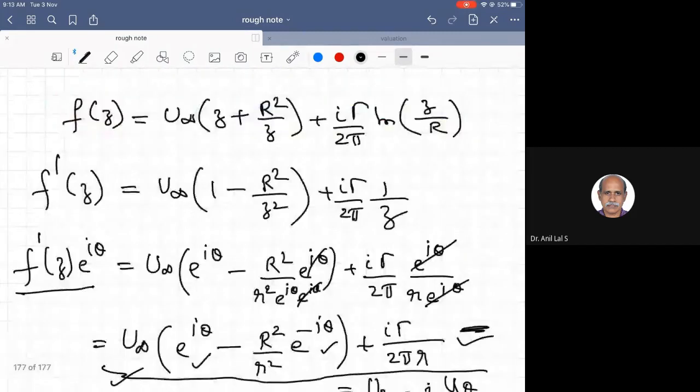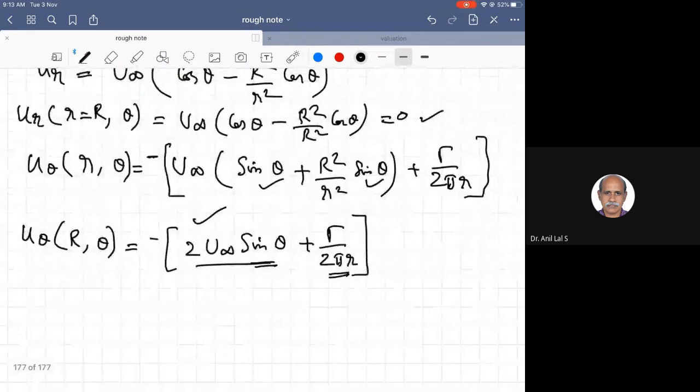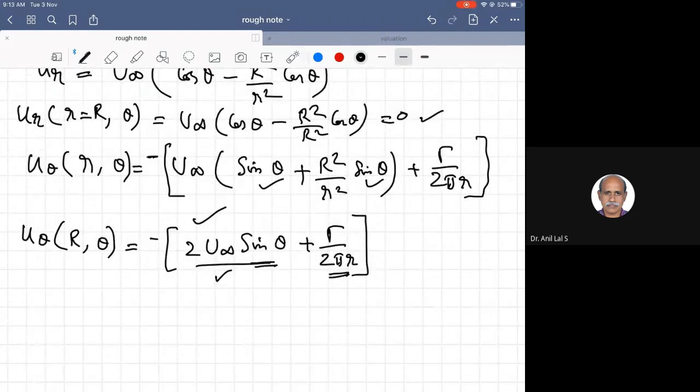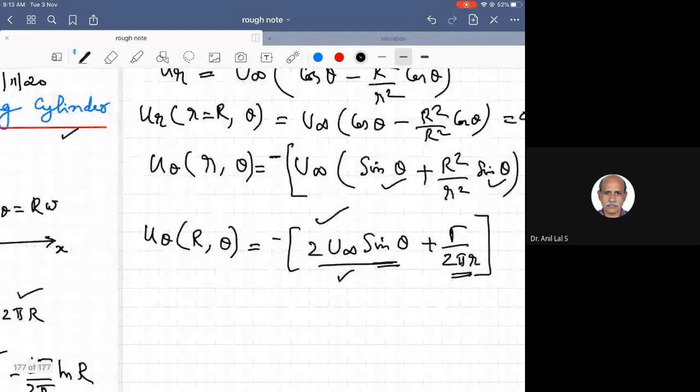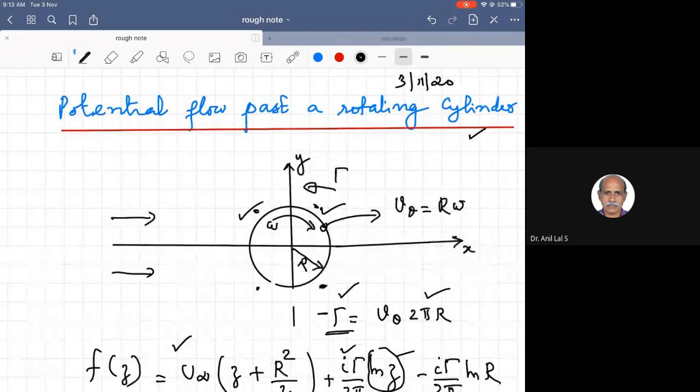Whereas in the third and fourth quadrants, sin theta is negative, so this will be subtracted. When this is subtracted, you will have a lesser velocity on the third and fourth quadrants of the surface of the cylinder. So that causes the velocity to be less in the bottom region of the cylinder compared to the top region.